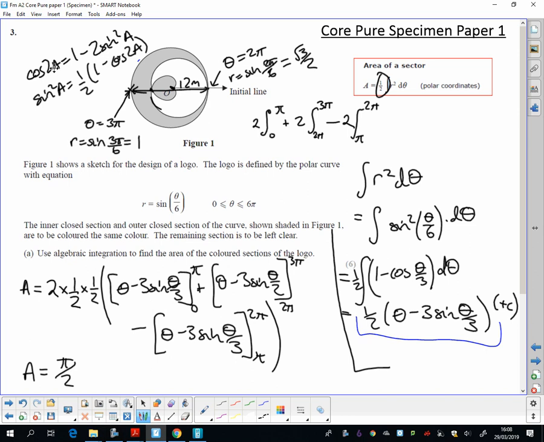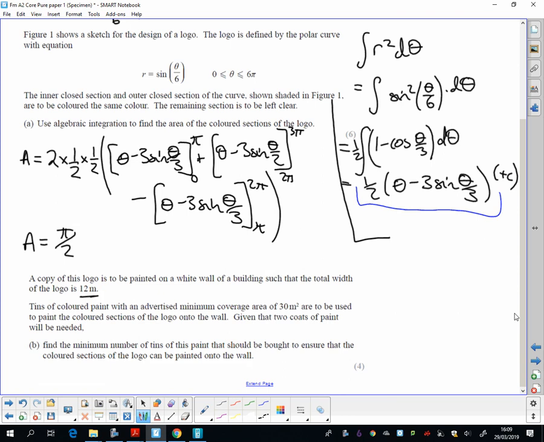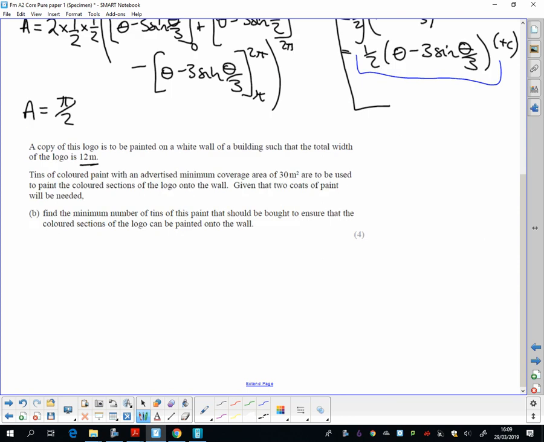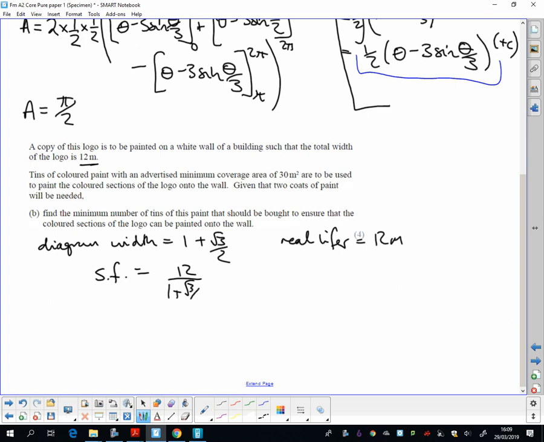Right, so our current total width is 1 plus root 3 over 2. Okay. So on the diagram, width equals 1 plus root 3 over 2. In real life, we've got 12 meters. So our scale factor for the length is 12 divided by 1 plus root 3 over 2, which comes out to be this.